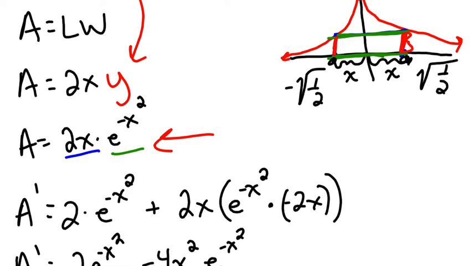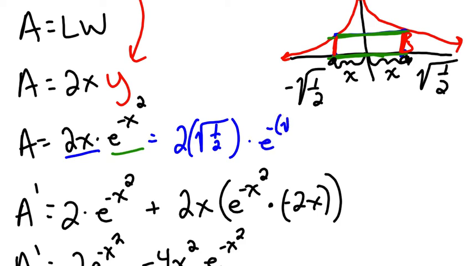But anyway, to get our final answer, what we will do now is come back down here to this function and plug that in. So we got 2 times the square root of 1/2 times e to the negative square root of 1/2 squared.